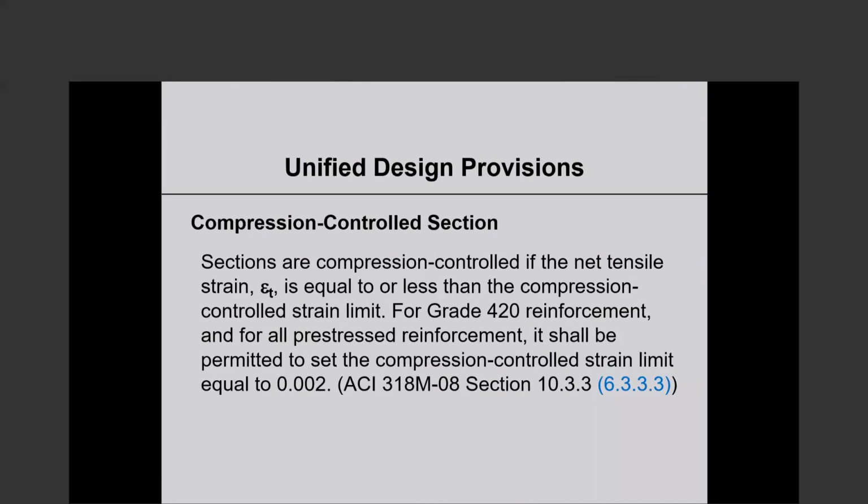Net tensile strain, once again, is the strain in the extreme tension reinforcement corresponding to a strain of 0.003 in the extreme compression fiber of the concrete. If the net tensile strain is 0.002 or below for grade 420 reinforcement, then your section is compression controlled, 0.002 or less.